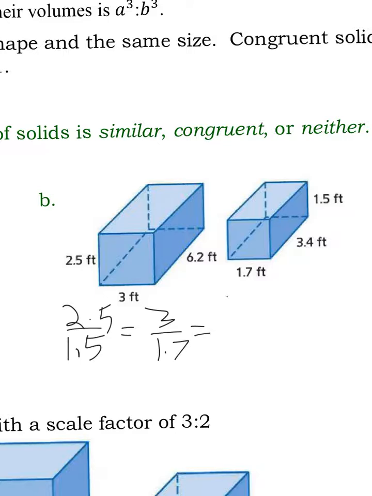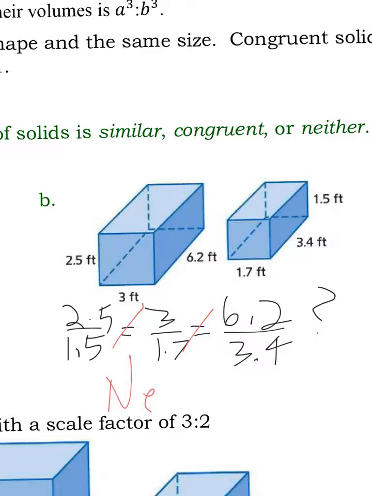And then I'll do 6.2 over 3.4. So what you want to do is type those in individually. And you'll see that this doesn't equal that and that doesn't equal that. None of them equal; they all make different numbers. So therefore, it's neither. All right, let's move on to the next one.